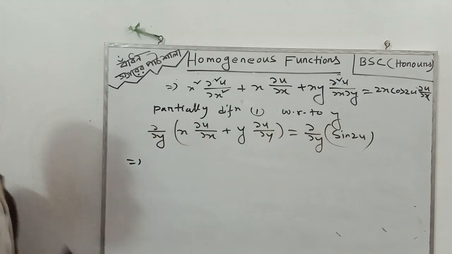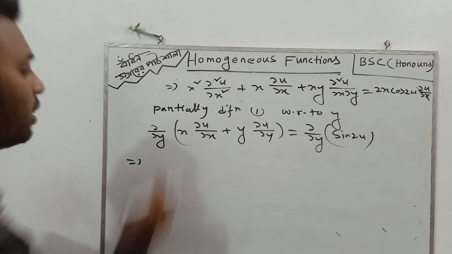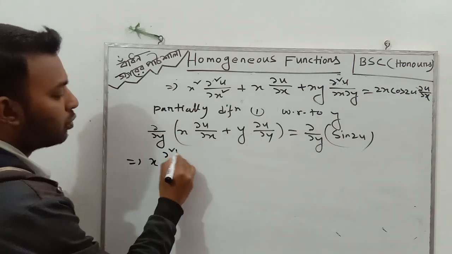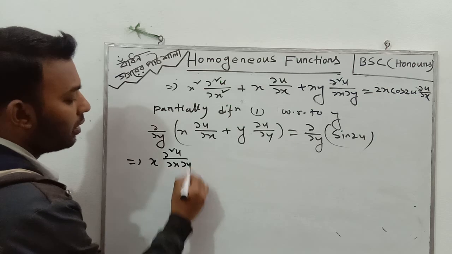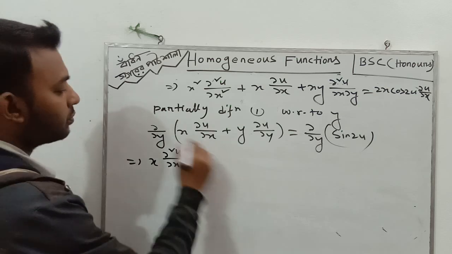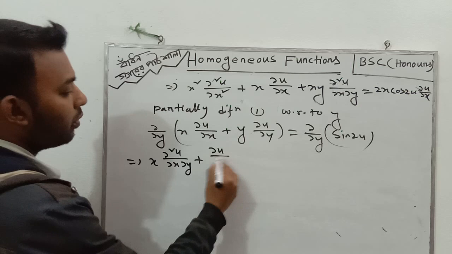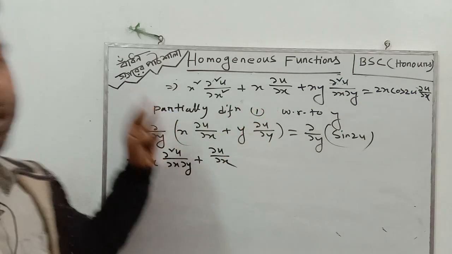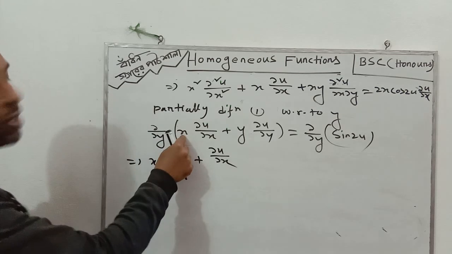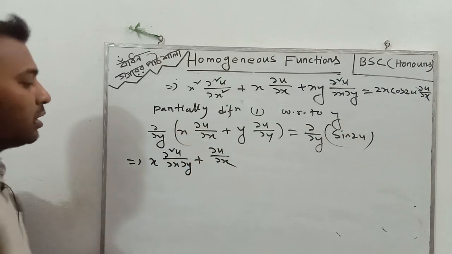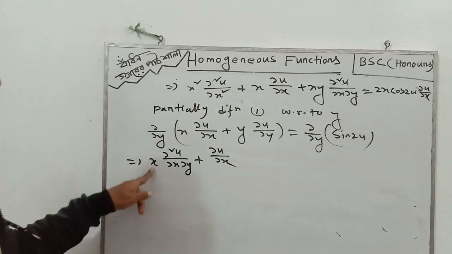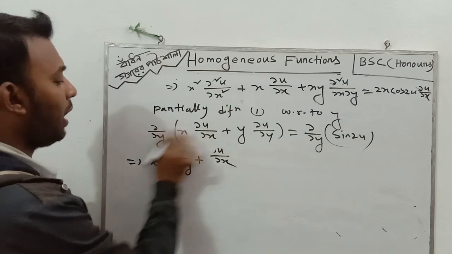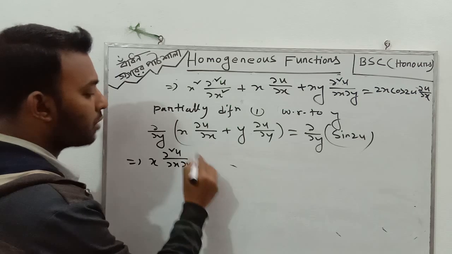So if we partially differentiate with respect to x, this is equal to u and this is equal to v. So we can write x ∂²u/∂x∂y plus ∂u/∂x ∂x/∂y, because we are partially differentiating with respect to y, and here x is equal to constant. So if we differentiate constant, these terms will be 0, so neglecting this term.